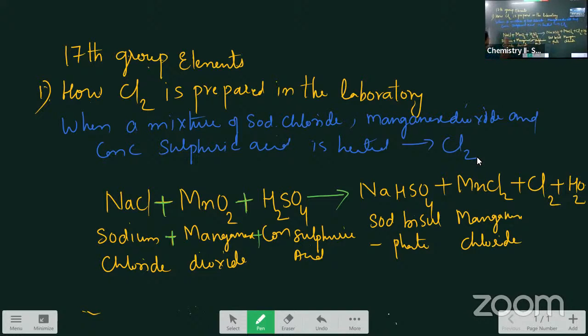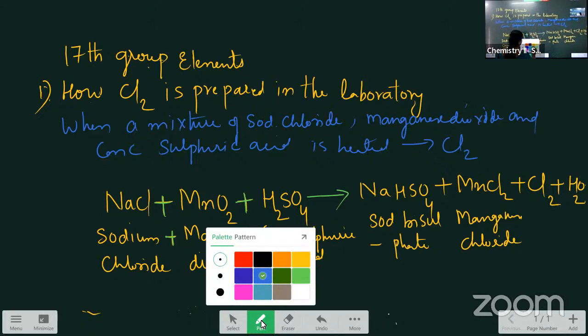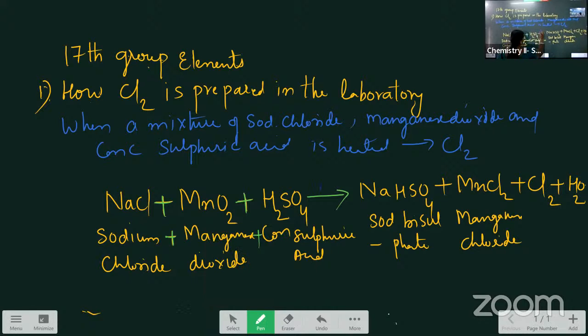Okay. So this is the statement, and this is the reaction. NaCl reacts with manganese dioxide. It is a simple statement. Since we are heating, we can keep the symbol delta because we are heating the reactants. So we are taking NaCl, manganese dioxide and concentrated sulfuric acid.